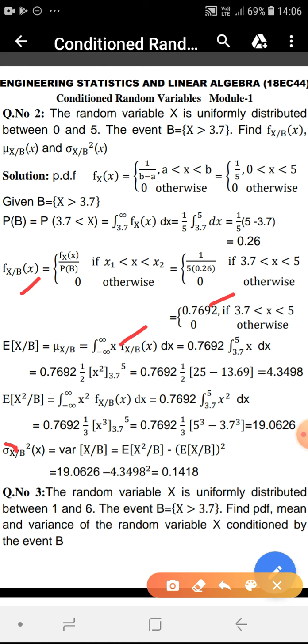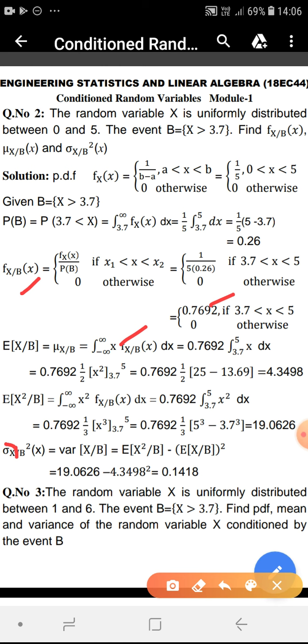In the first integral from minus infinity to 3.7, the integrand will be x times the probability density function conditioned by B, which will be 0. So the first integral will be 0. Similarly, the last integral is 0.